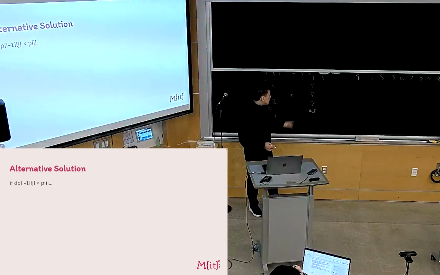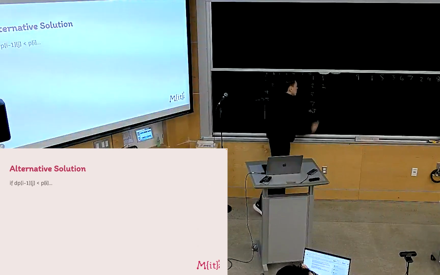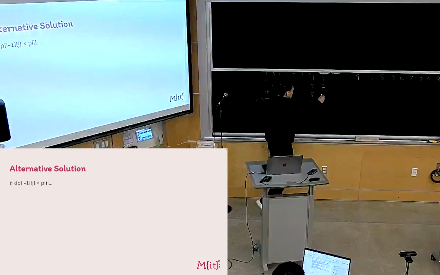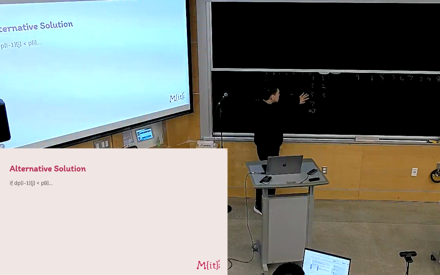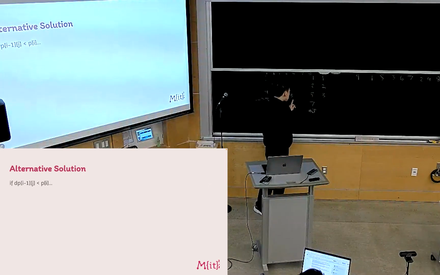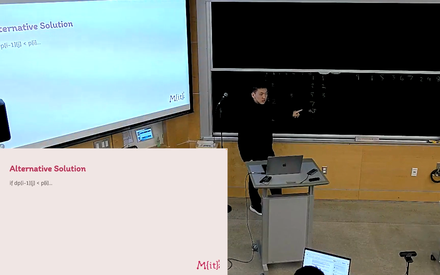And because 2 is better than 3, we take 2. Similarly, we can tack 3 onto the LIS here, or we can just take this. So in this case, we would just take 3. And similarly, we can try to tack 3 onto the end of this LIS, or we could just take what we have already. But what happens if we tack 3 onto the end of this LIS?